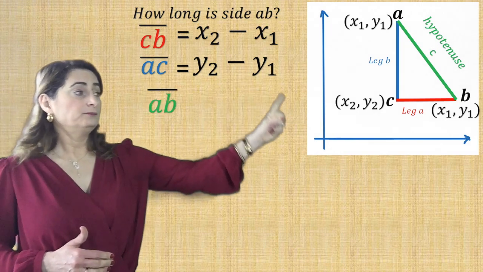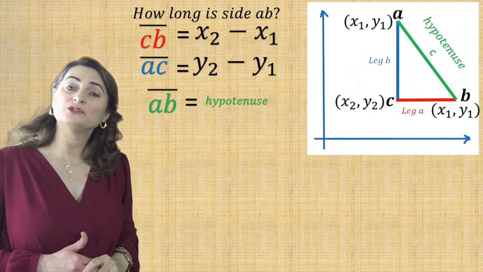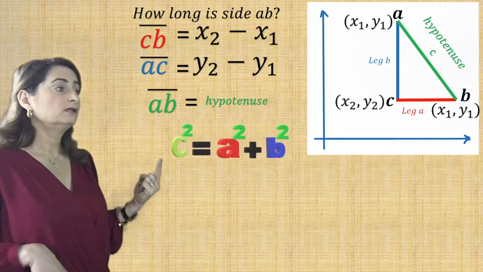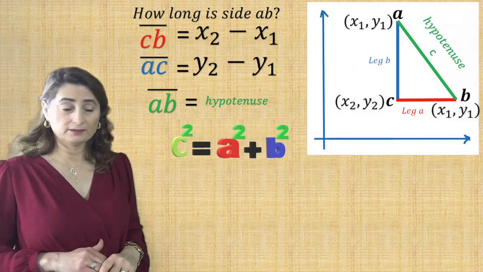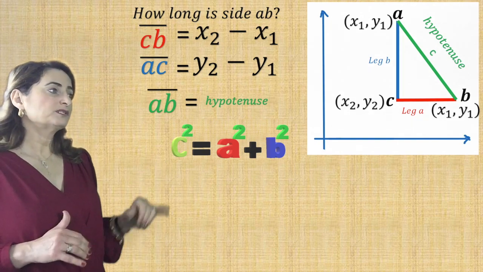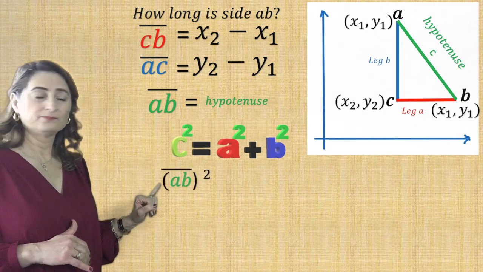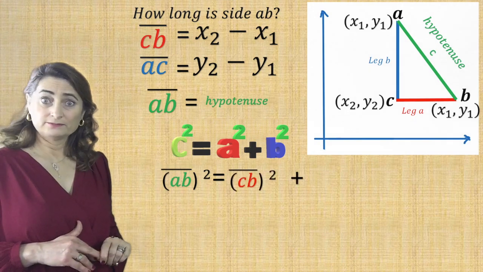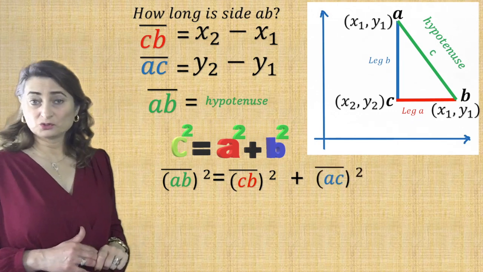Now side AB is the hypotenuse. We'll keep it the way it is because that's what we're trying to find. Now write the equation. Now I rearranged it. I wrote C squared equal A squared plus B squared, which is the same thing. Now replace the numbers. I know C squared is side AB, but I need to square it. A squared is side CB, and I need to square it. B squared is side AC, and I need to square it.